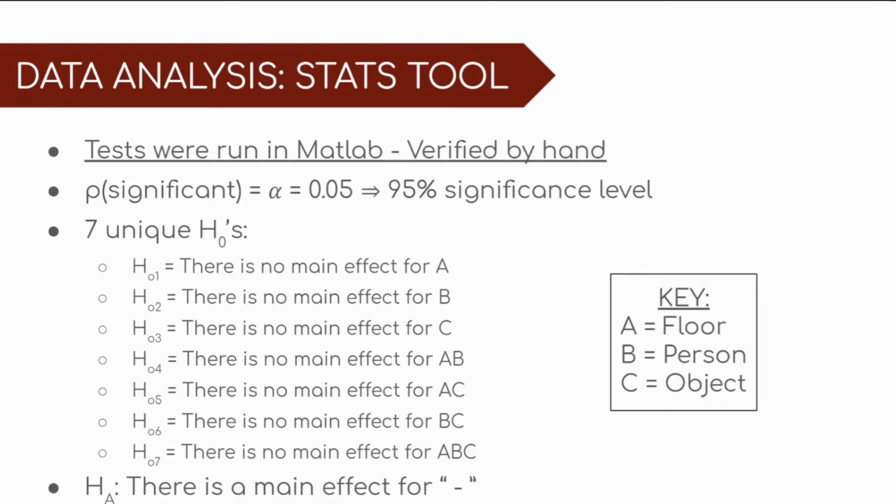We had 7 unique null hypotheses, and as listed there, A is the floor, B is the person, and C is the object. Our alternate hypotheses were that there was a main effect for each of those interactions or for person, floor, and object. Next slide.